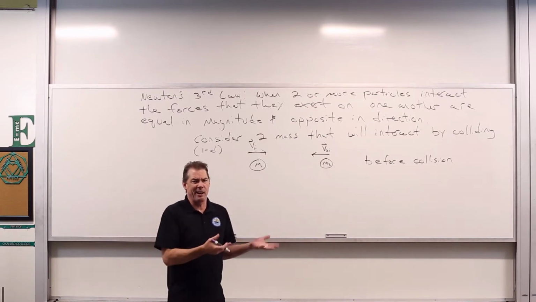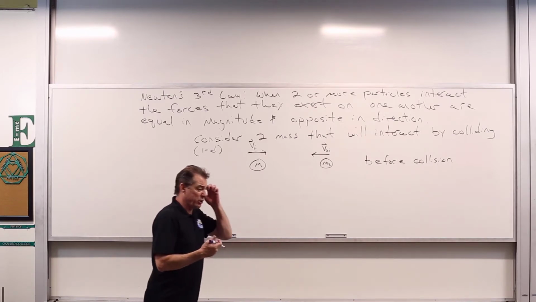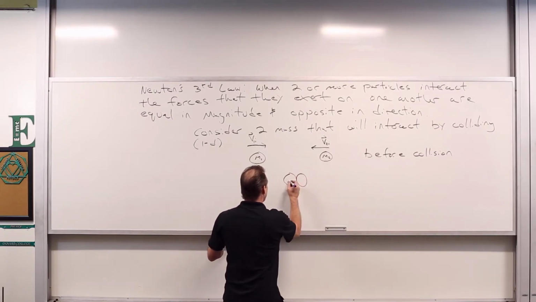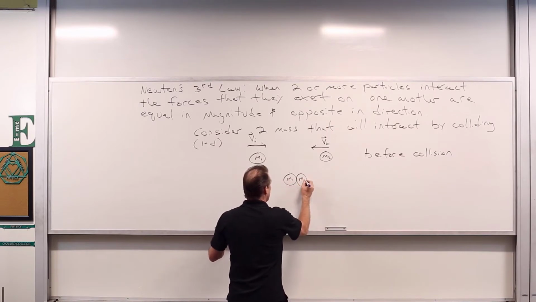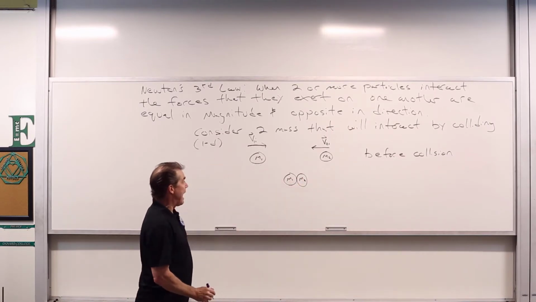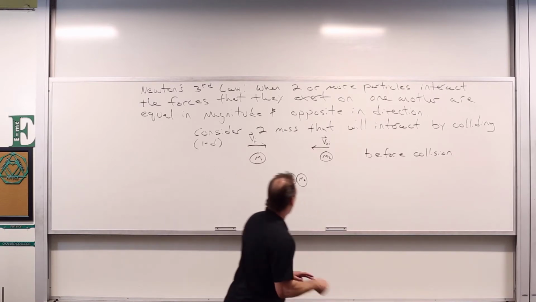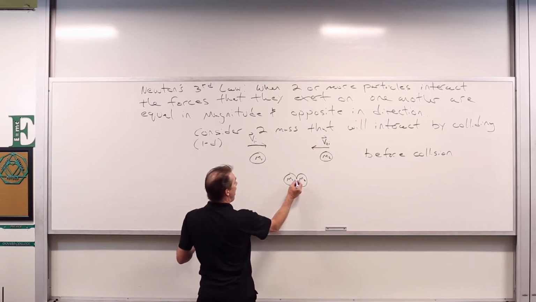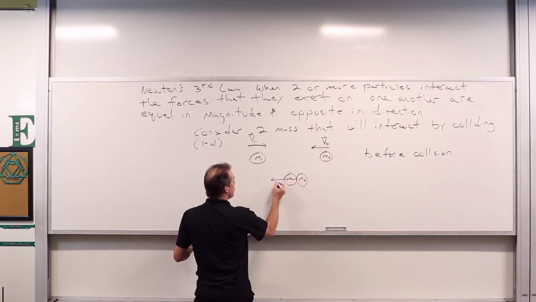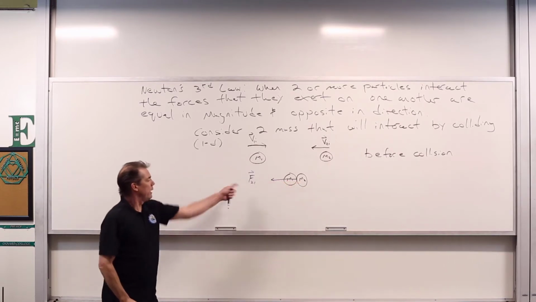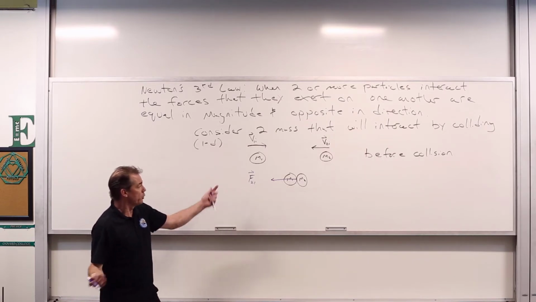Now, when they're colliding, they're in contact with one another, and they're exerting forces on one another. So at some point, they are in contact. We've got an M1 and an M2. And what do we have? We have forces. Like we just said, we have a force on M1 due to M2. We'll call that the force that M2 exerts on M1, F21 hat.